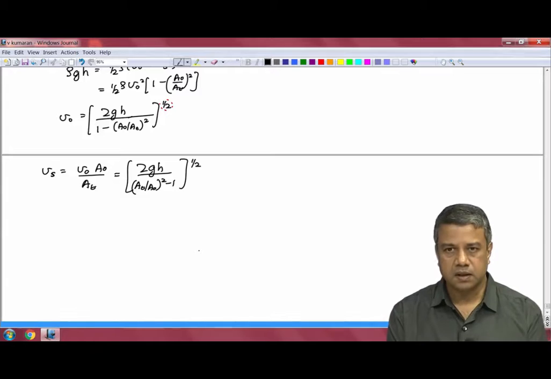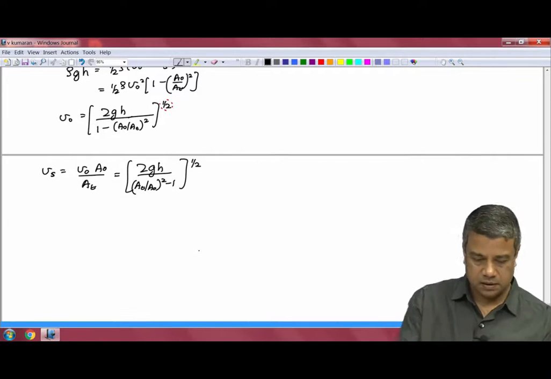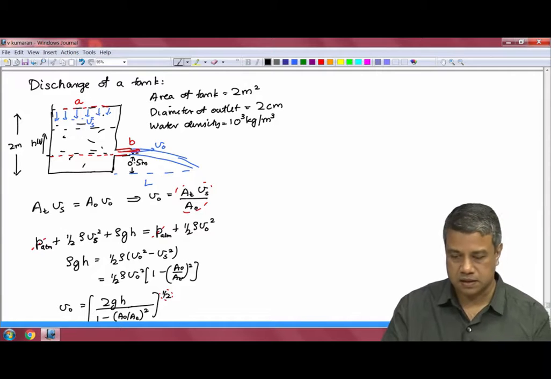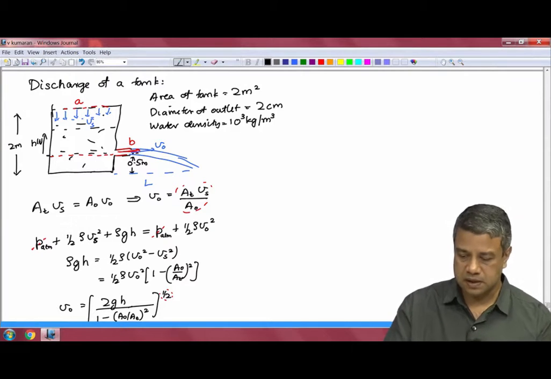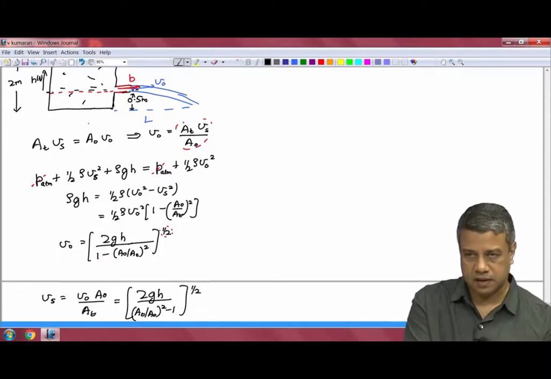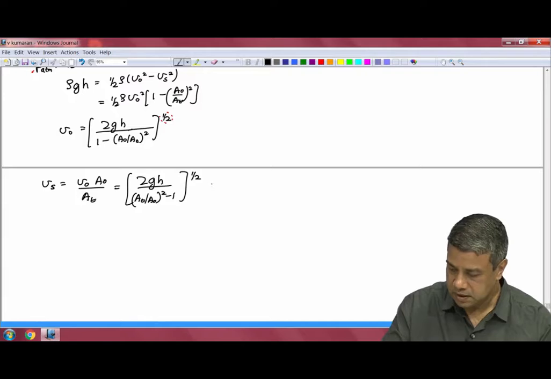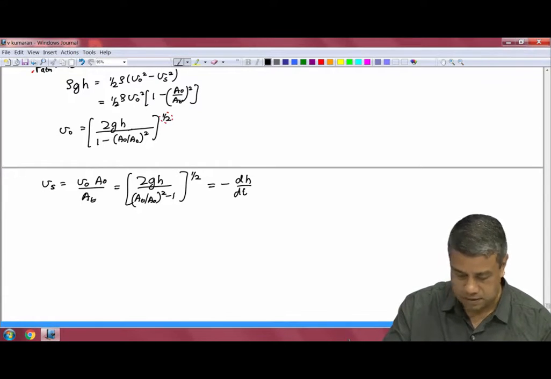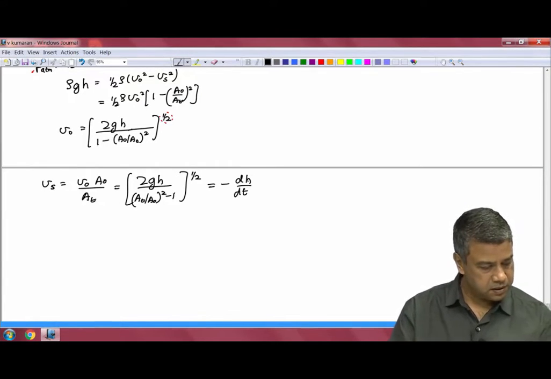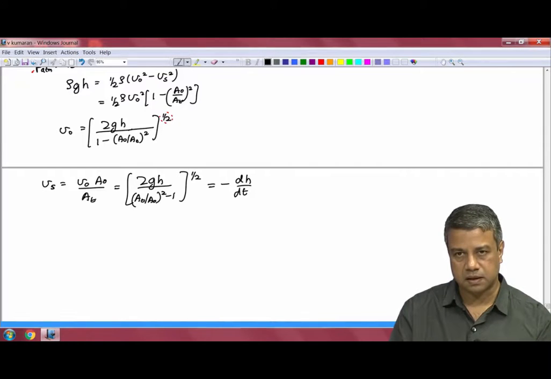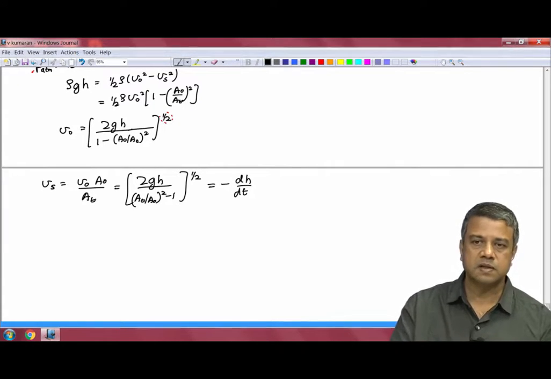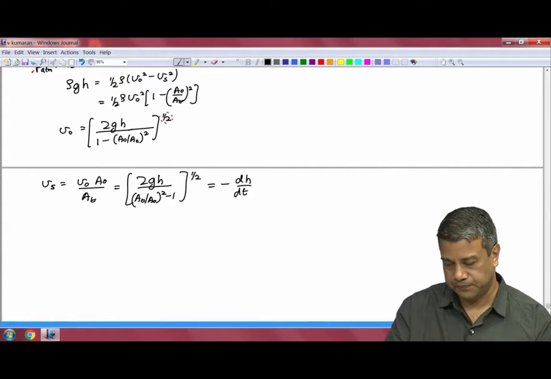The surface velocity is also the rate at which the height is decreasing. The surface velocity is the rate of decrease of the height with respect to time, so this is equal to minus dh by dt, because the surface velocity I have assumed is positive downwards.